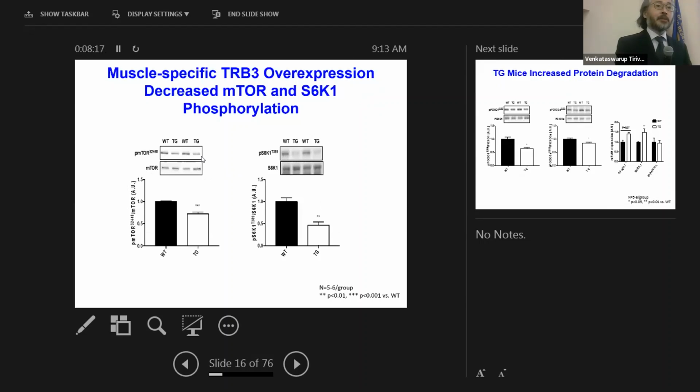When we isolated the muscle and measured mTOR and FOXO signaling, we saw that mTOR phosphorylation was significantly decreased in the transgenic mice, and S6K, a downstream target of mTOR, was also decreased.